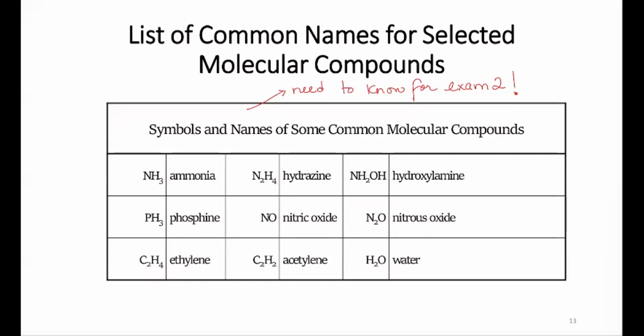But then again, for me, it's important that you guys know the common name, because for example, for my students that are going to be going into dentistry, N2O, nitrous oxide, is laughing gas, which sometimes is used as an anesthetic.